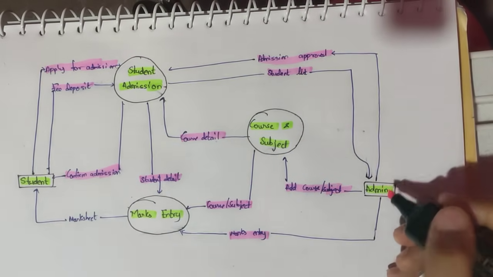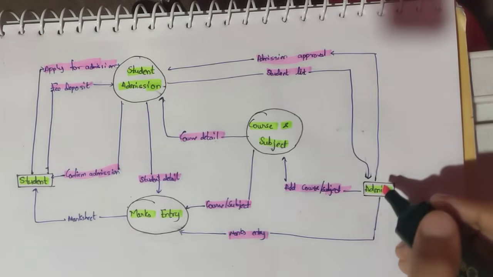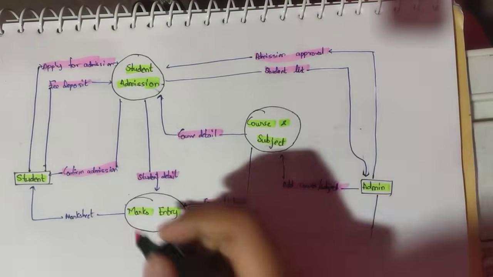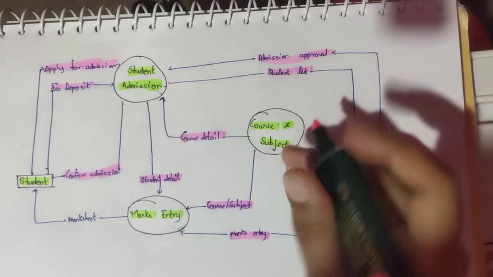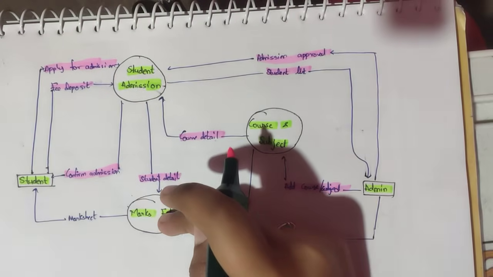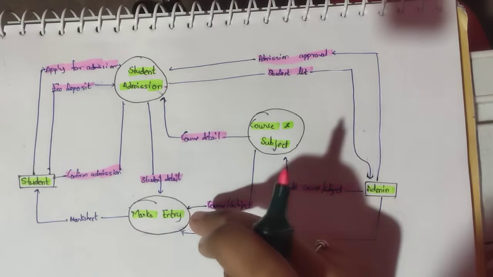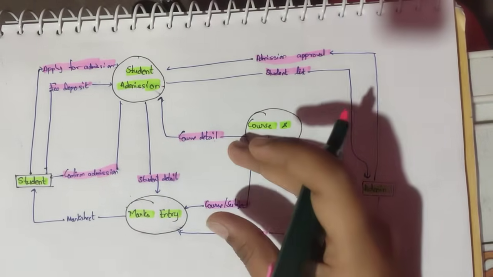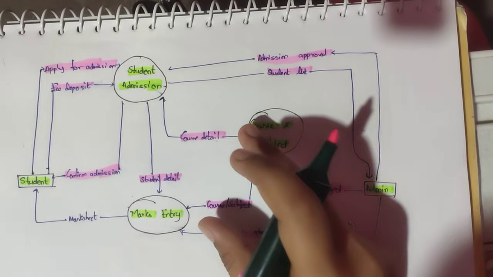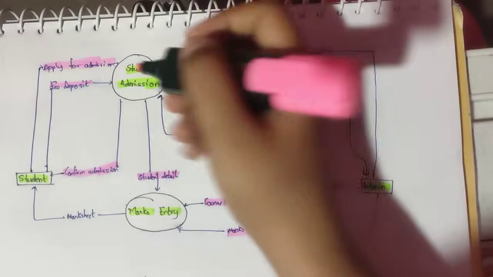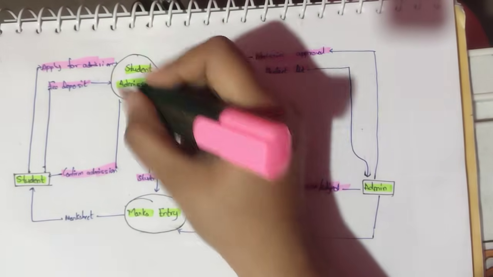After the admin adds the entry for our marks, like how much we got in which subject, it goes to the marks entry part, and the subject and student details also go to the marks entry part. For example, if you go to an online portal, open a website and write your hall ticket number, you will get all your student details.